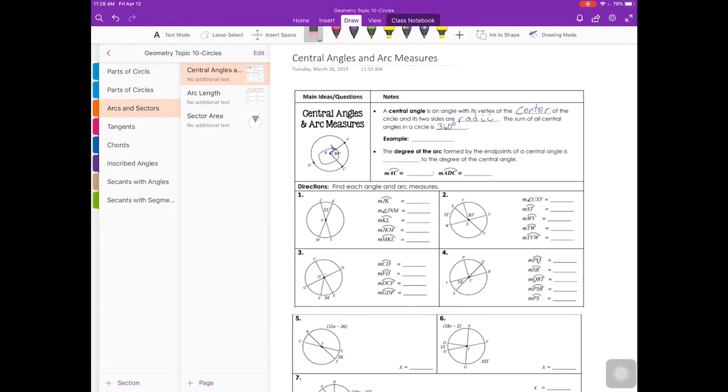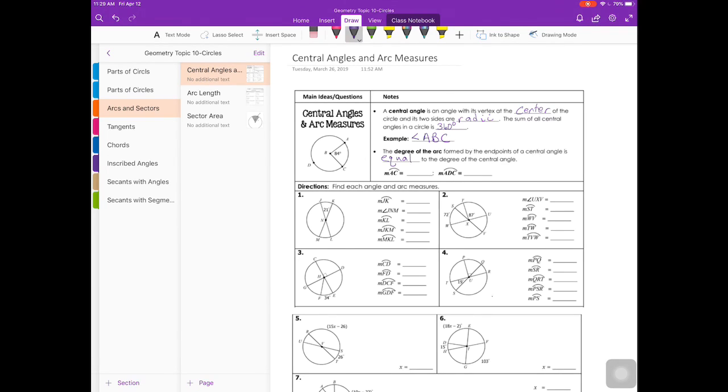So over in our little picture here, we have the central angle ABC. The degree of the arc formed by the endpoints of the central angle is equal to the degree of the central angle.